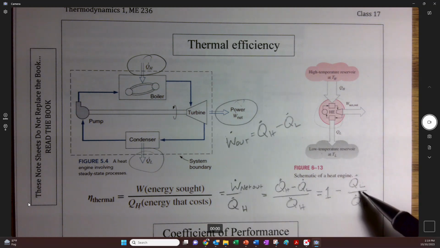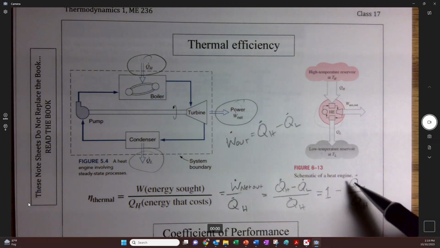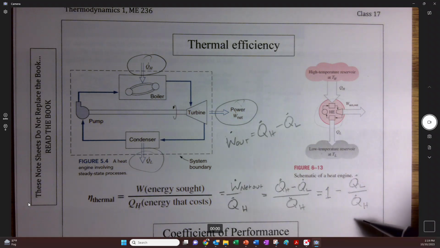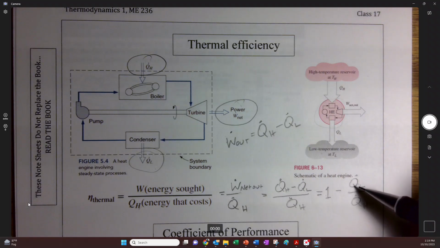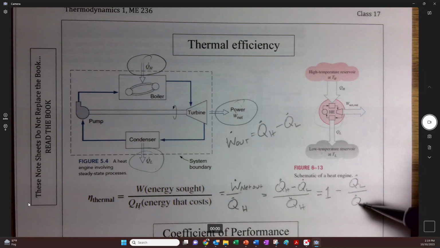If we could somehow get rid of the amount of extraction or the throwaway, we would have 100% efficiency. But impossible to do in either case. Well, that's not impossible to do in the first case. You could make them equal to each other and make this 0. But if we can minimize this, we can improve efficiency. But also, if we could maximize this, we could improve efficiency.